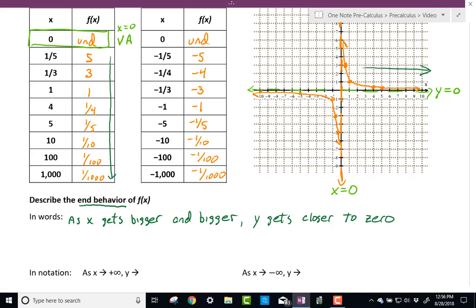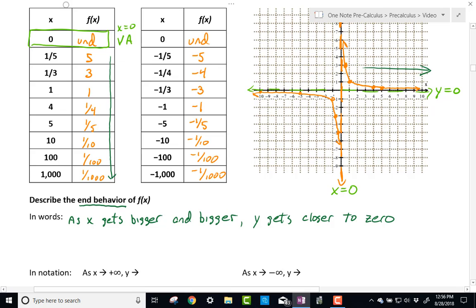And likewise, we could say what happens on the other side of the table. If you look at the other table, x is getting smaller. We go all the way from negative 1 to negative 5 to negative 10. So x is getting smaller, and my y values are also getting closer and closer to 0.